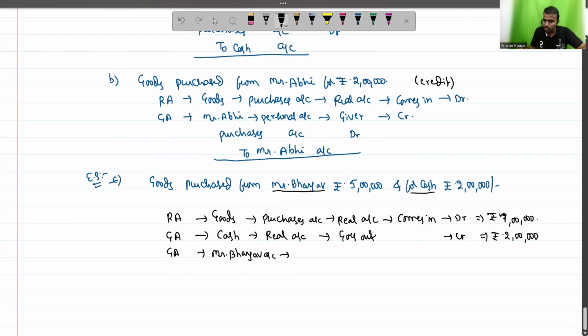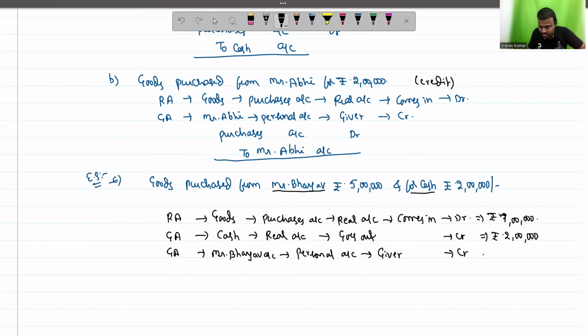Mr. Bhargav. So Bhargav is a personal account. What is the rule for personal account? Debit the receiver, credit the giver. So Bhargav is a giver, so his account is credited. How much amount? 5 lakh.